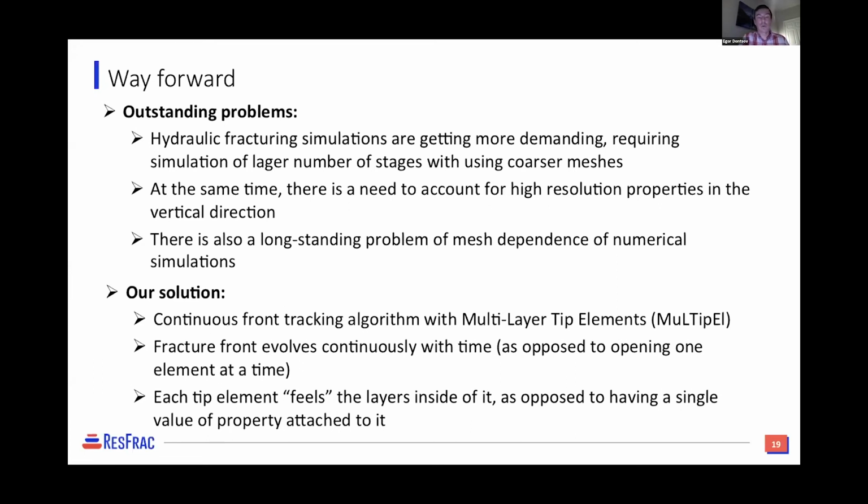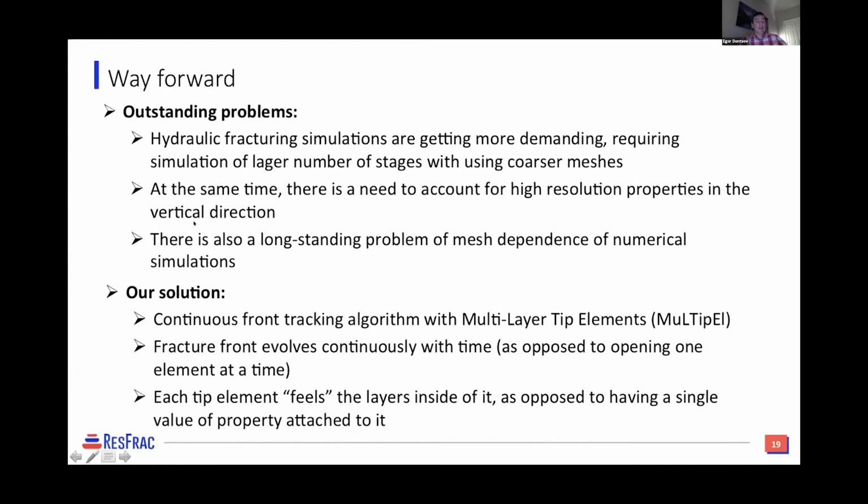Do you average the properties? Say you want to use a coarse mesh, say a 100-foot element, but you have 100 layers in this element. So how do you use all these properties? How do you throw away or keep what is needed, right? So that's the problem, because this is very important for fracture height containment, right?